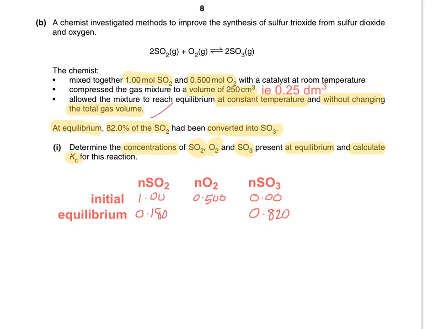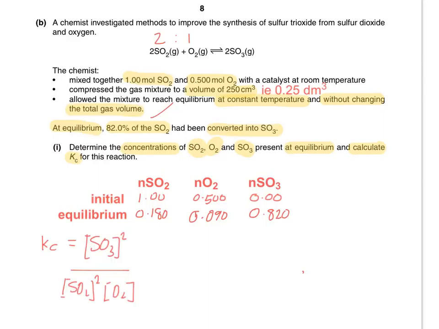Now because the SO2 is 2 to 1 with oxygen, that means this one would be 0.090. So don't forget this is the moles, not the concentration.